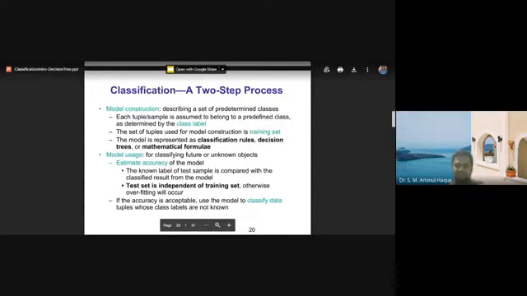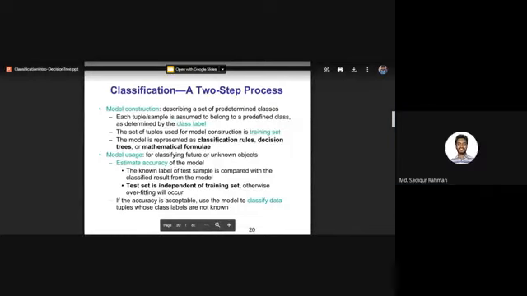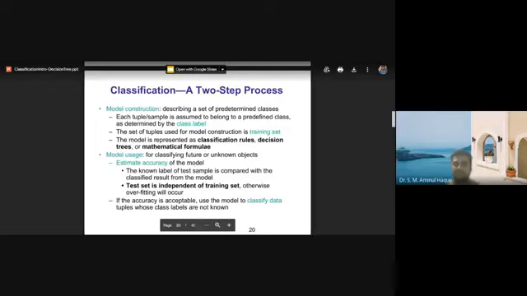But if it is not edible, do you think that you will give it to your guest? No, sir. So in terms of models, we do the same kind of thing: after getting the accuracy, we decide whether we can apply it in the real world or not. That phase we are calling model use.